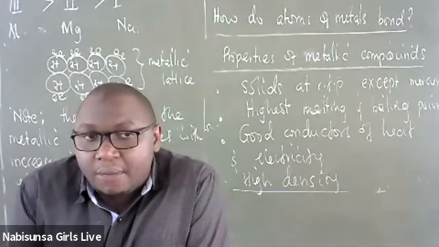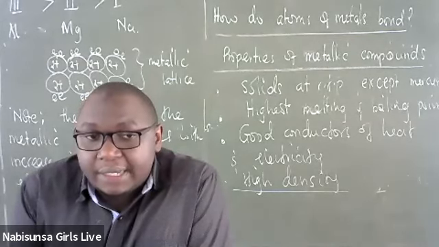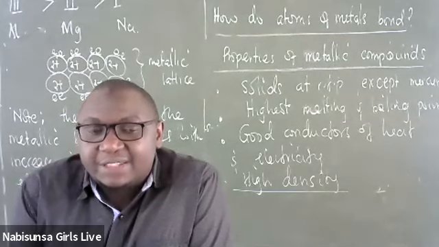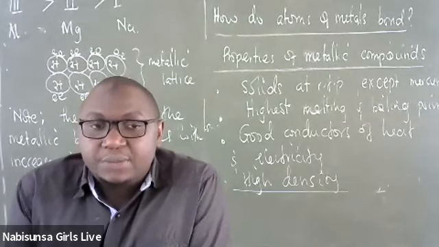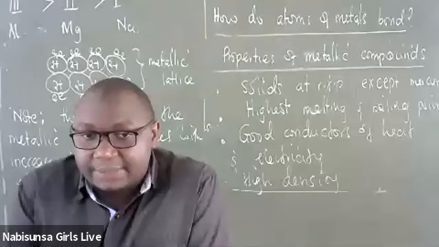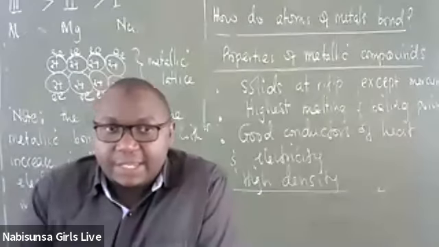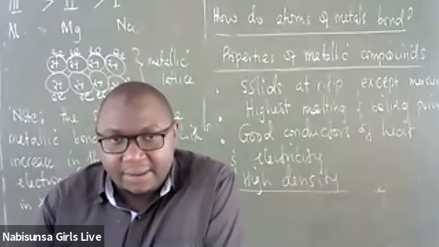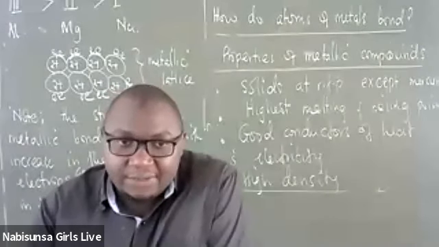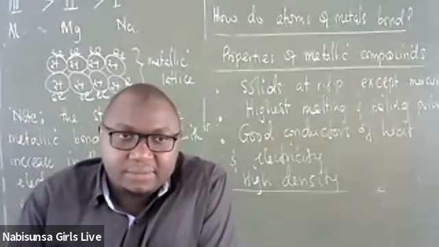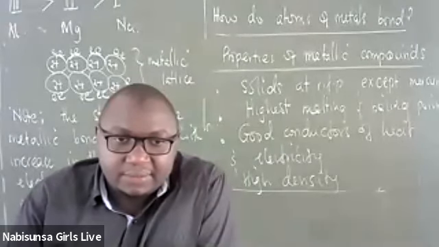What you're trying to say is close to the truth, but you need to be so particular with your statements, my dear. We need to be addressing them, like you say, lost by what? By every single metal atom, by every single metal atom. Okay.